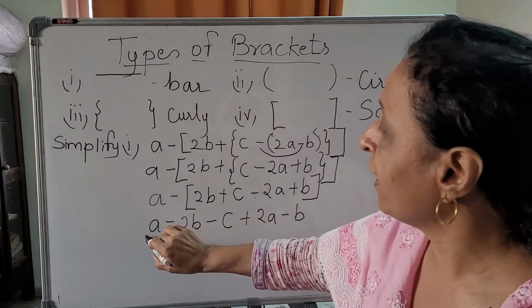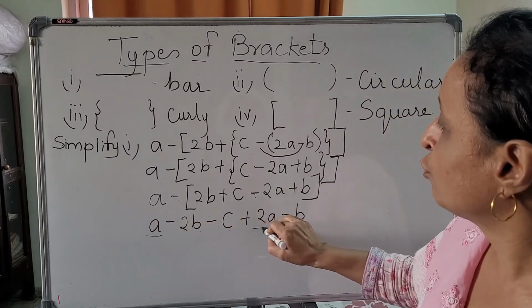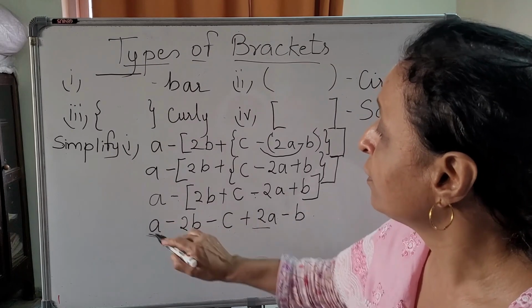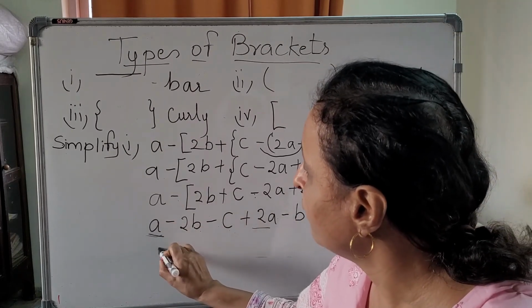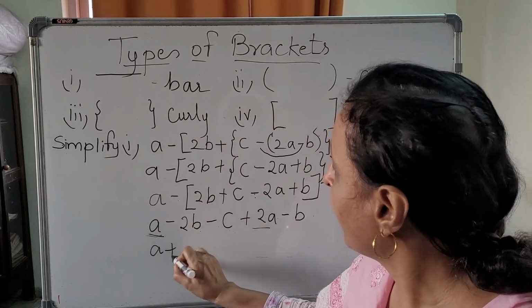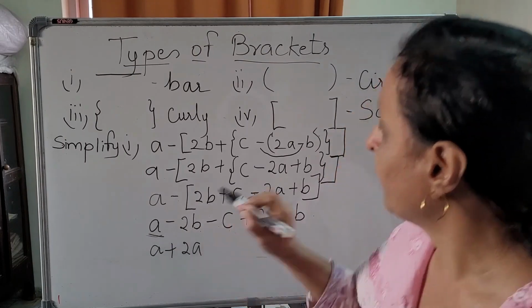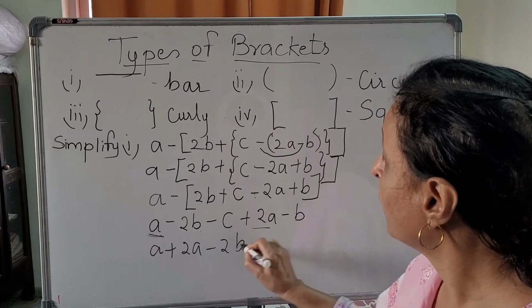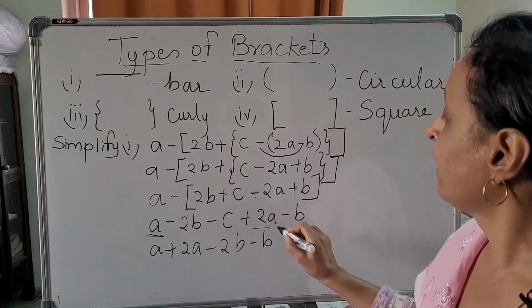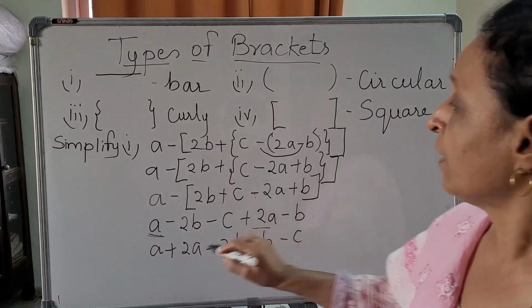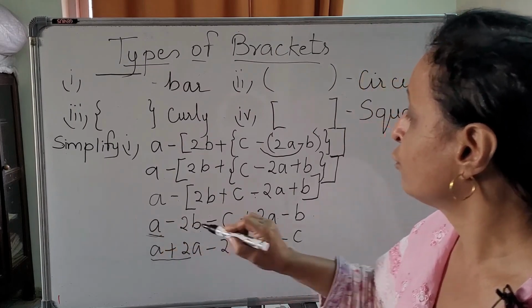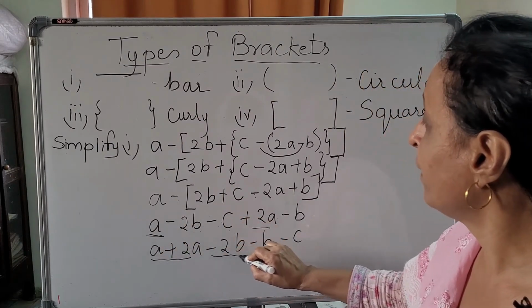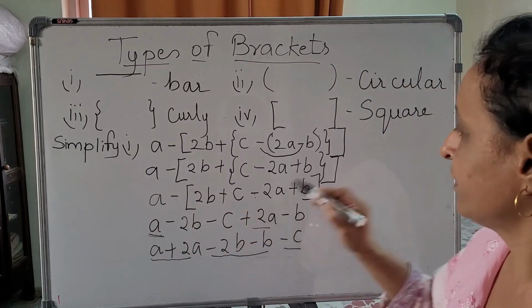Now how many a? 1, 2. So these terms which are same will be written together. A plus 2a. Now b minus 2b minus b. C minus c. Now a plus 2a minus 2b minus b and minus c.